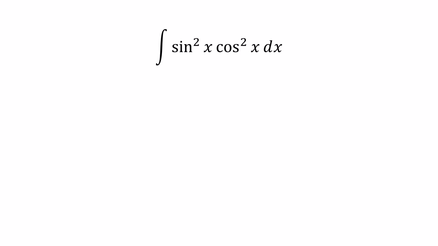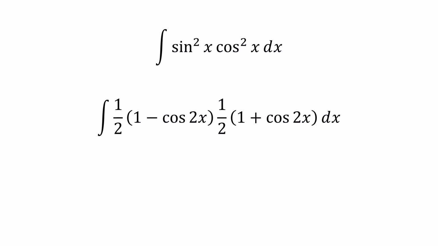To begin, we apply the power reducing identities to get the integral of 1/2 times 1 minus cosine of 2x times 1/2 times 1 plus cosine of 2x dx.